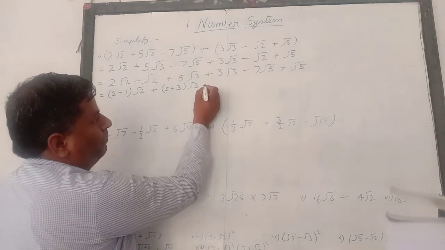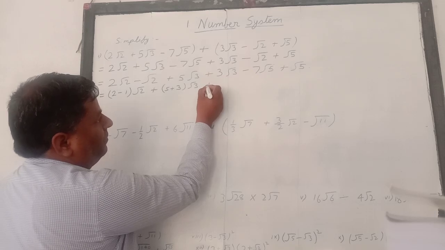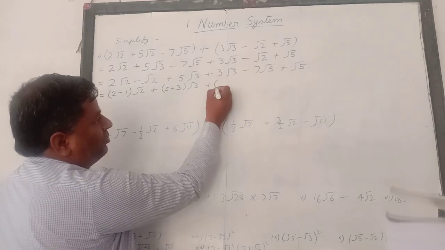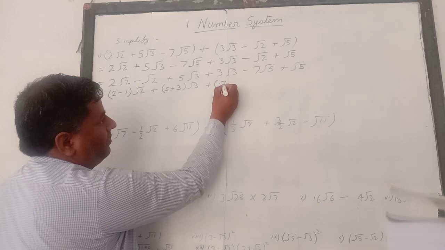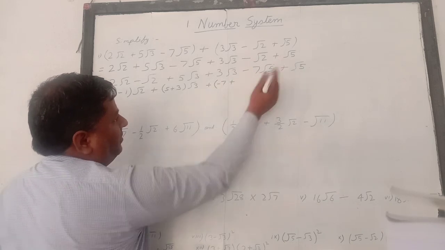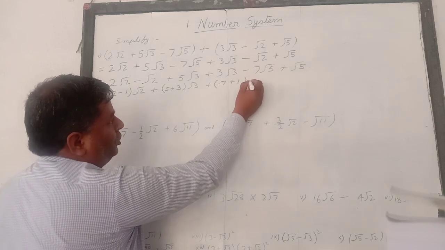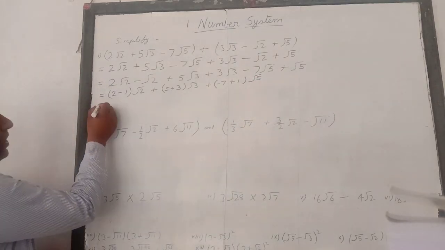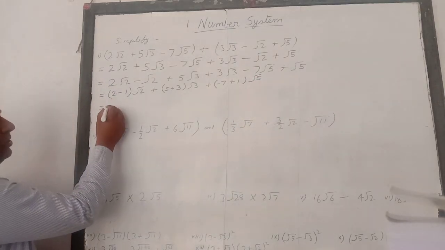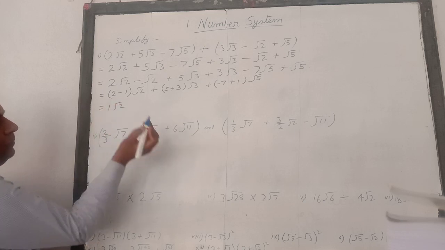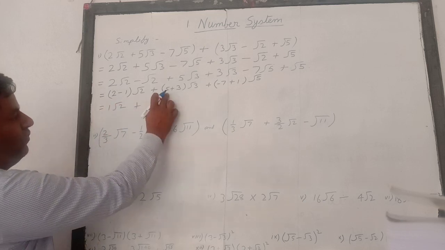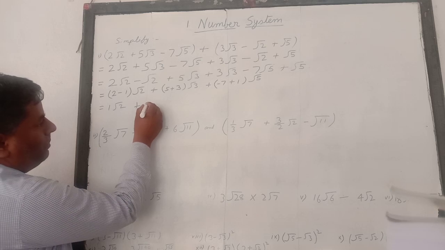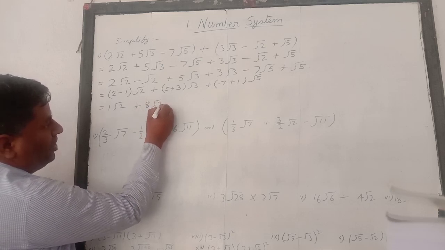Next we have plus, we can write in a bracket the coefficients: minus 7 and here it is plus 1, into root 5. Then next what can we do? Now 2 minus 1 is 1 root 2, plus 5 plus 3 into root 3 will be 8 root 3.